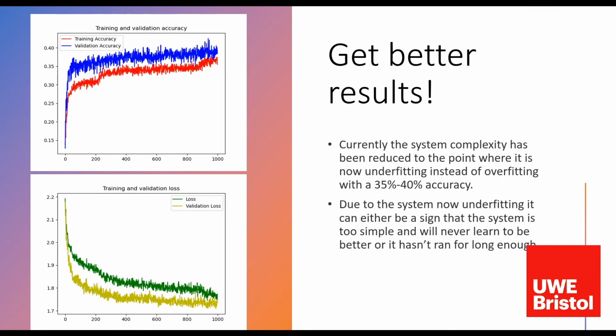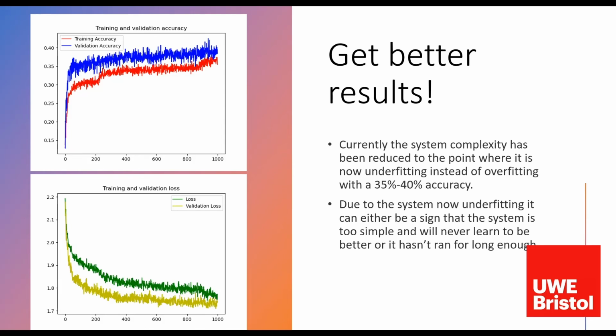And here we can see where the current system is at. This is only a very recent discovery, but now I've changed my system, so there's a lot of underfitting, which is marginally better than overfitting, in that the validation loss is below the loss, and the validation accuracy is higher than our training accuracy.